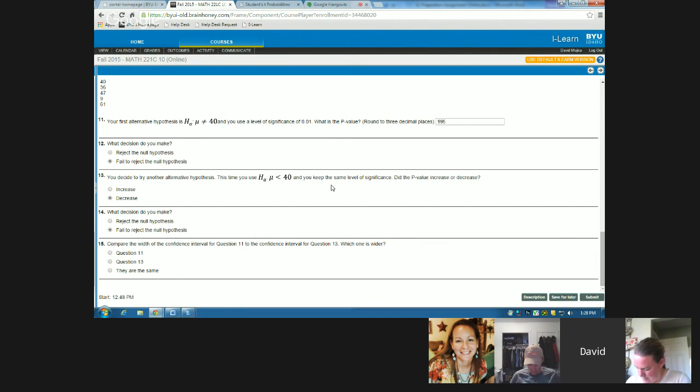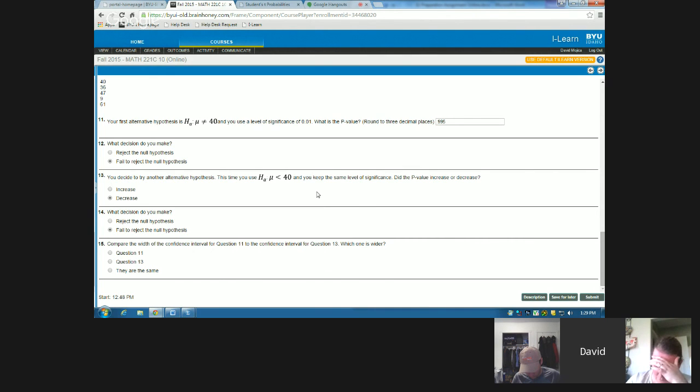Then the standard deviation is 36.558. That's over the square root of 21. Hold on. Wouldn't the answer be they are the same? Because I don't know what's different, other than that the alternative is less than 40.